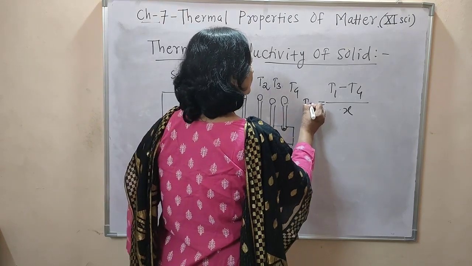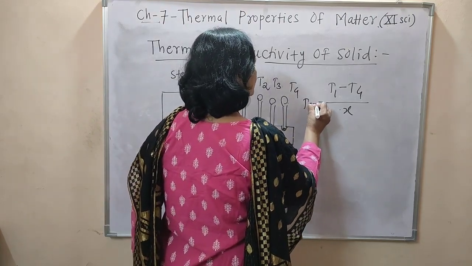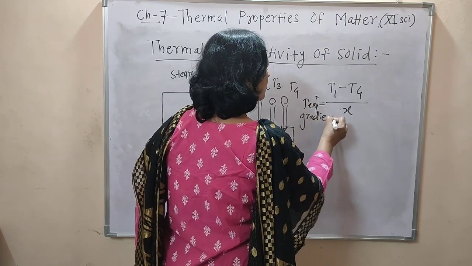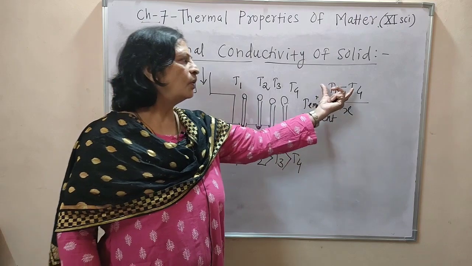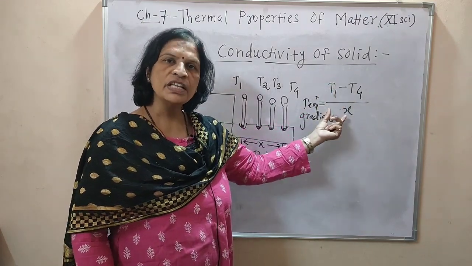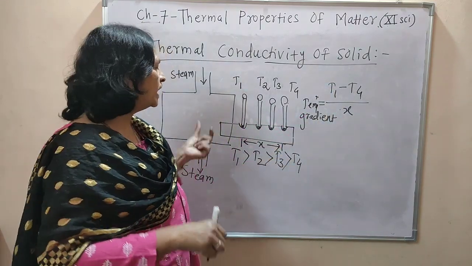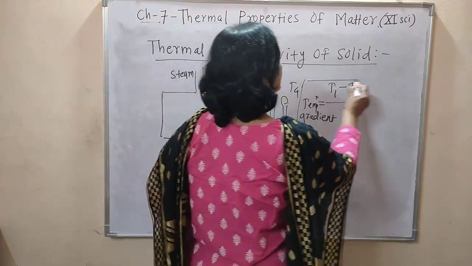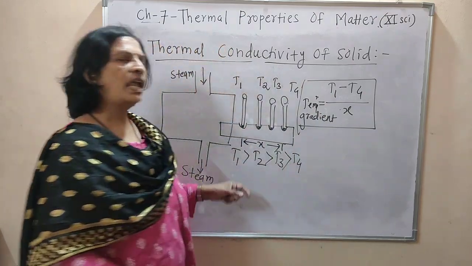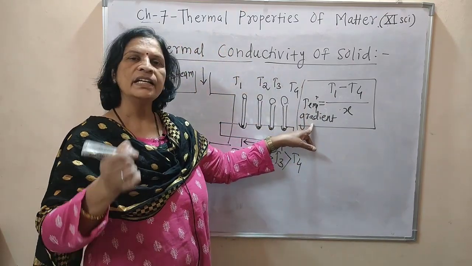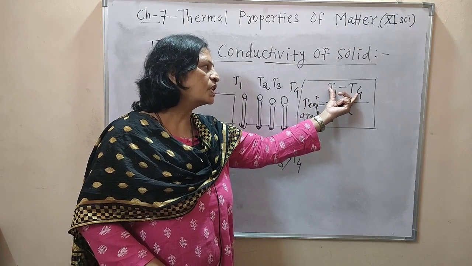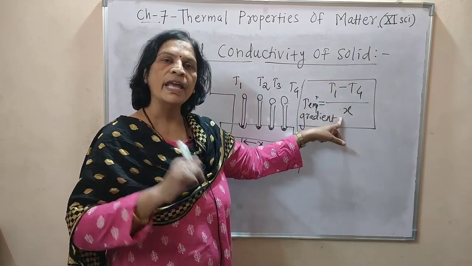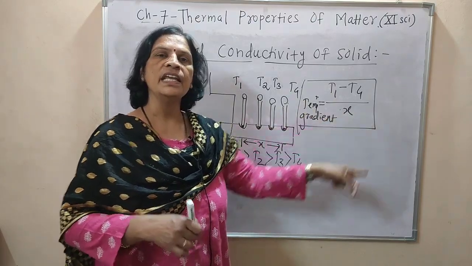Temperature gradient is defined as the rate of change of temperature with distance when the material is in steady state. I repeat, temperature gradient is defined as the rate of change of temperature, or change in temperature with distance, when the material is in steady state.